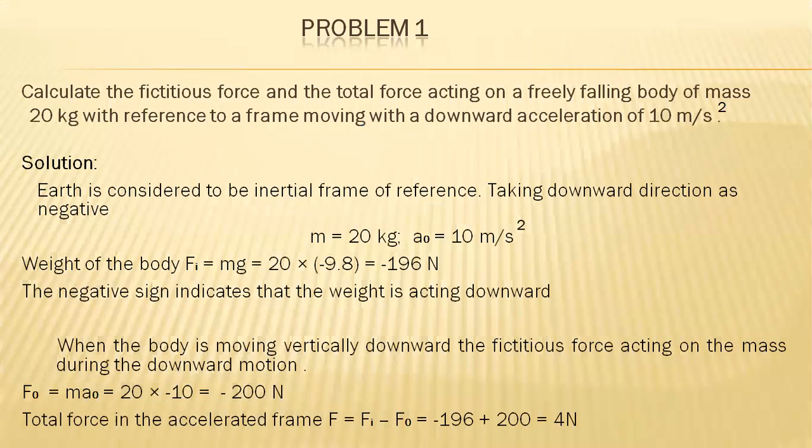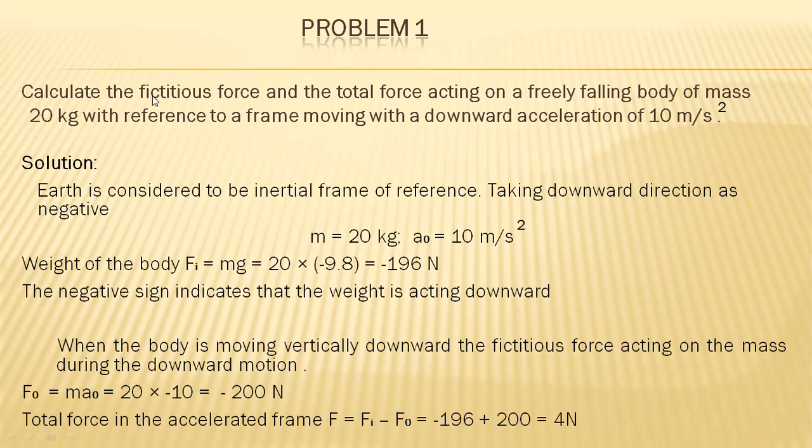The first problem is: calculate the fictitious force and the total force acting on a freely falling body of mass 20 kg with reference to a frame moving with a downward acceleration of 10 meters per second square.